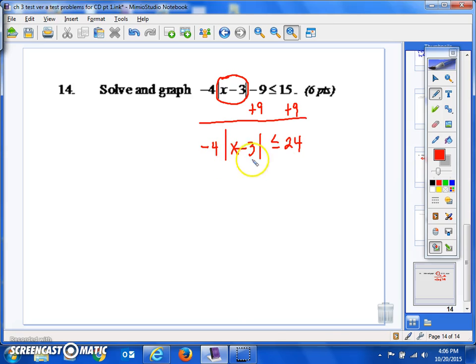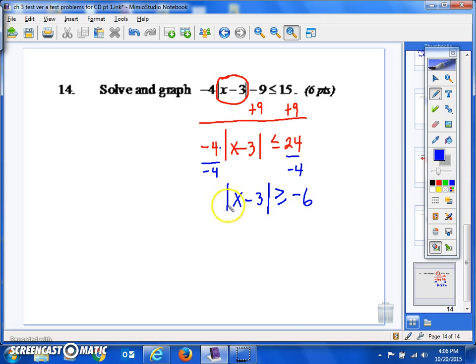And now my second step is to undo multiplying by negative 4 with division by negative 4. And don't forget, we've had this happen a few times on this test. Dividing by a negative number means we have to switch the inequality.